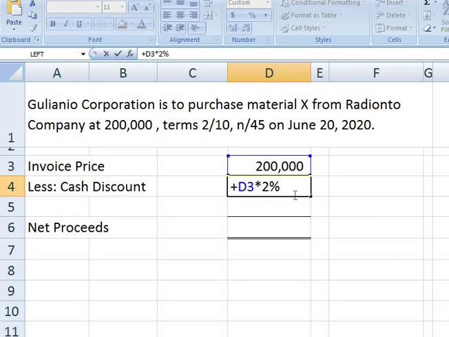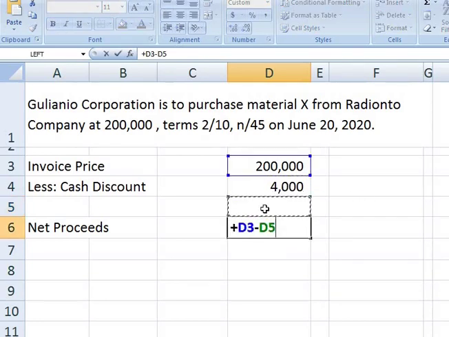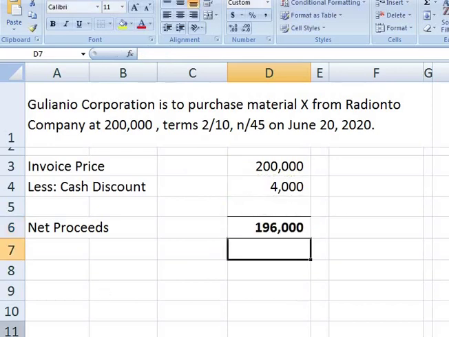So you have 2%. So this is your cash discount. So you just deduct your cash discount from the invoice price. So meaning you have a net proceeds of 196,000.